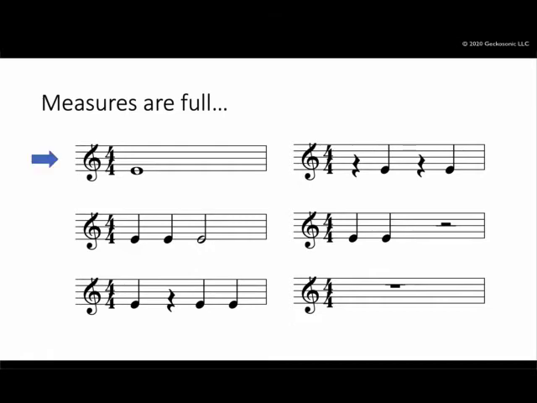Here's the first one. It's a whole note, so you know from before what's going to happen. 4 beats of sound. In the second one, we still have a measure full of sound. It just has 2 quarter notes and a half note taking up all 4 beats.